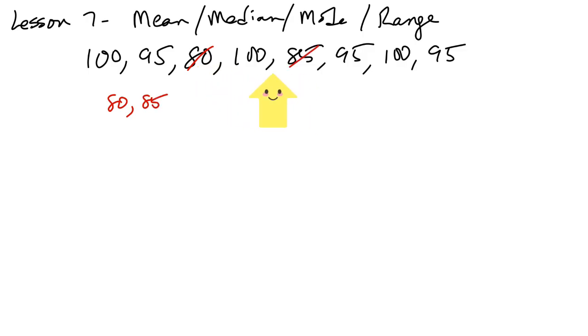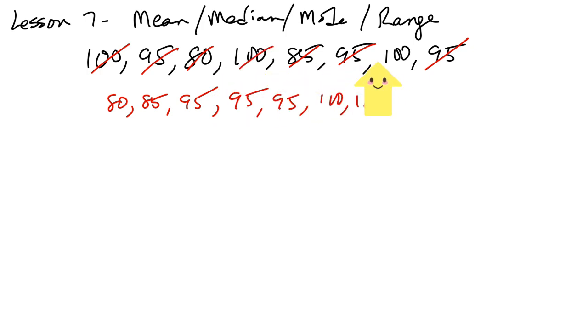Then we have 95, and another 95, and another 95. And then we have 100, and another 100, and another 100. Okay. Our n value, the number of elements, is 1, 2, 3, 4, 5, 6, 7, 8.